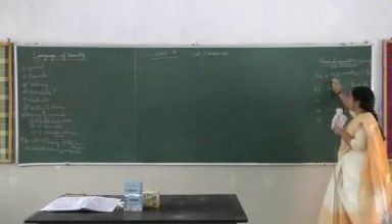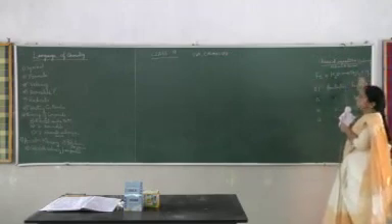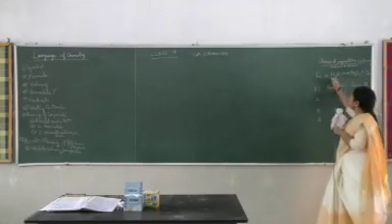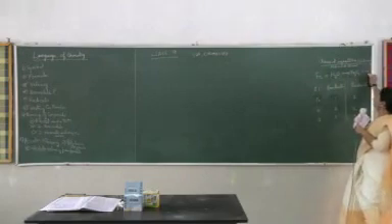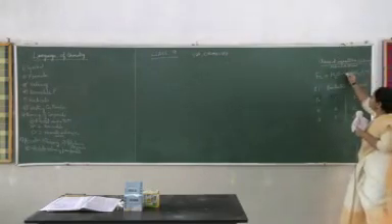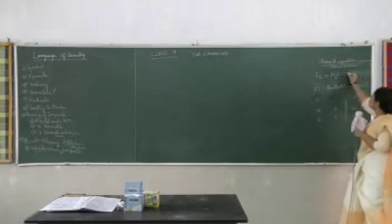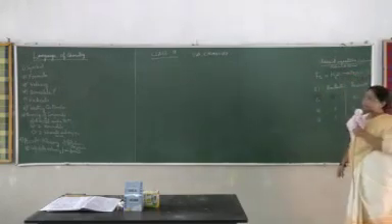These two are the reactants. They are reacting to give these two as products. In between the reactants we put a plus sign. In between the products also we put a plus sign, and the reactant side and product side are joined by an arrow.